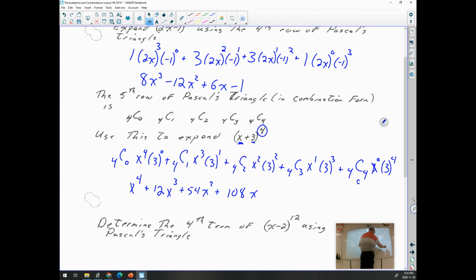Because this is 1, we have plus 81. Again, much, much more compact than what I did on the front page here.